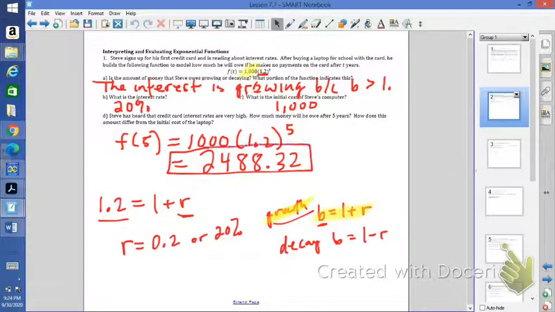And that, ladies and gentlemen, is why we want to pay for things up front. We don't want to put things on our credit card where we have to pay interest. Because ultimately, if he puts this on a card and doesn't pay it off for 5 years, he doesn't owe $1,000. He's going to owe $2,488, which is considerably more money than 1,000.